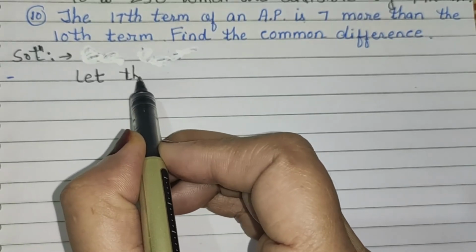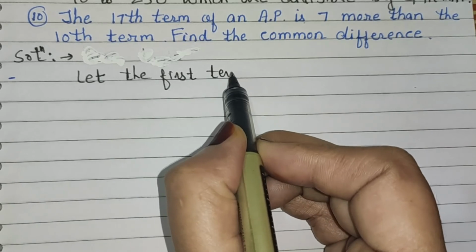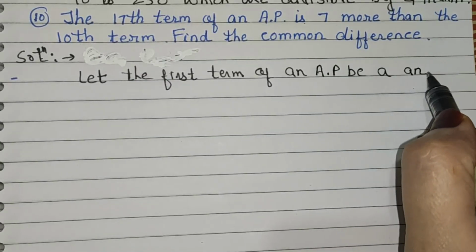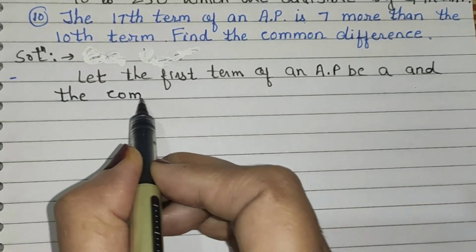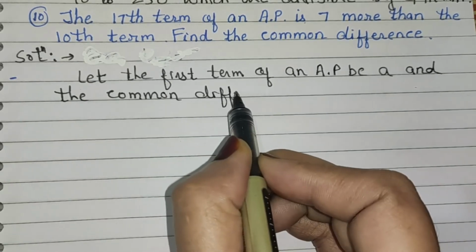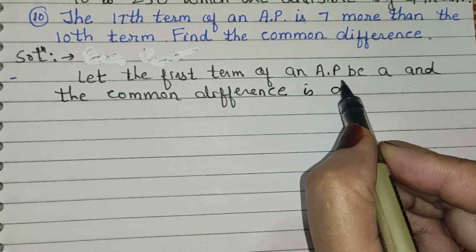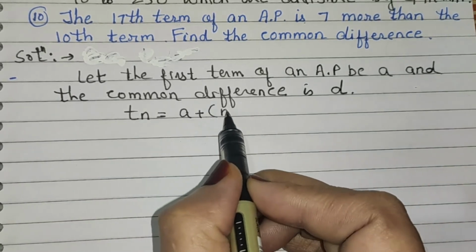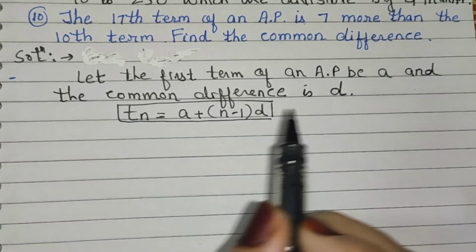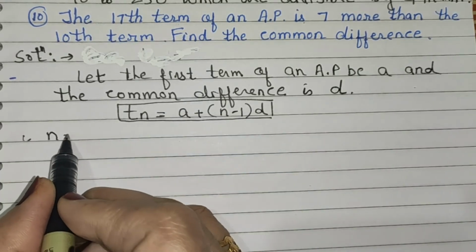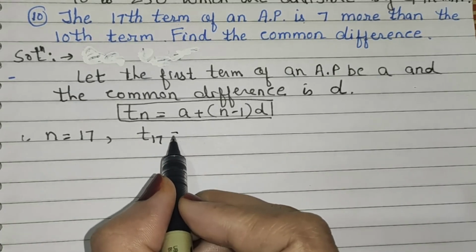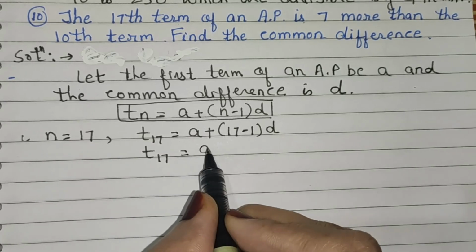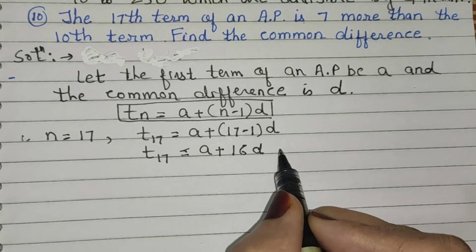Let the first term of an AP be A, and the common difference is D. Now, by using formula Tn is equal to A plus n minus 1 into D. 17th term, therefore substituting n is equal to 17, we get T17 is equal to A plus 17 minus 1 into D. Now T17 is equal to A plus 16D. Give it equation number 1.